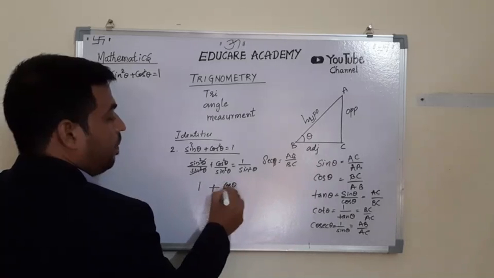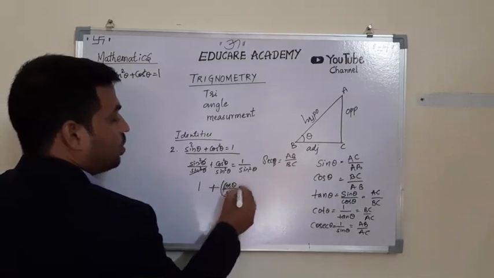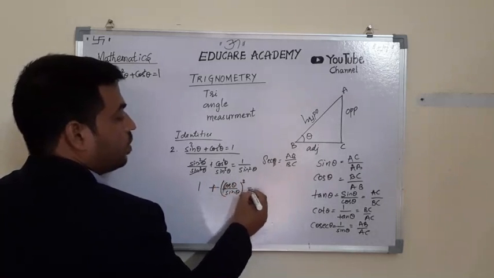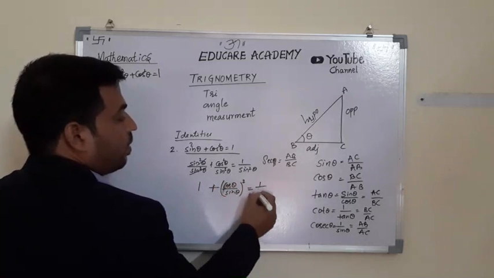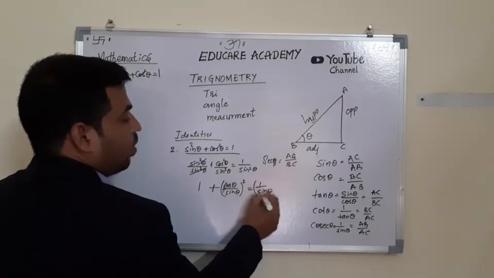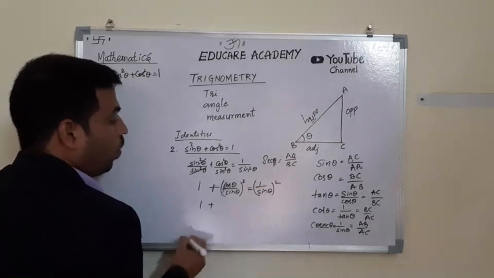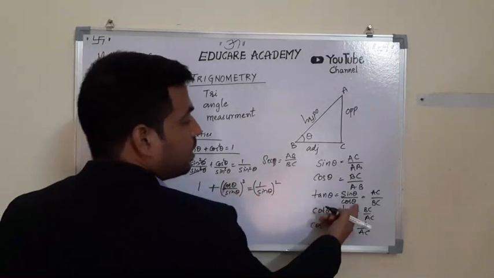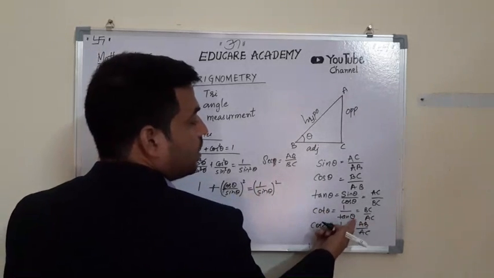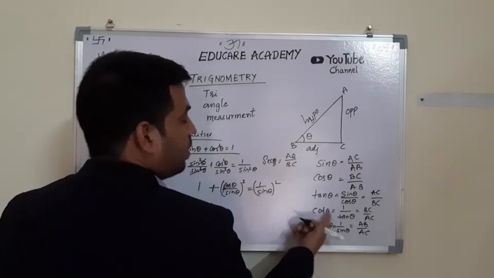You can write cos theta by sin theta the whole square is equal to, and 1 by sin theta the whole square. Proceeding further, cos theta by sin theta is 1 by tan theta, nothing but cot theta.